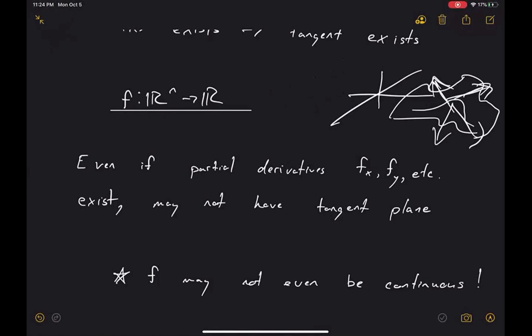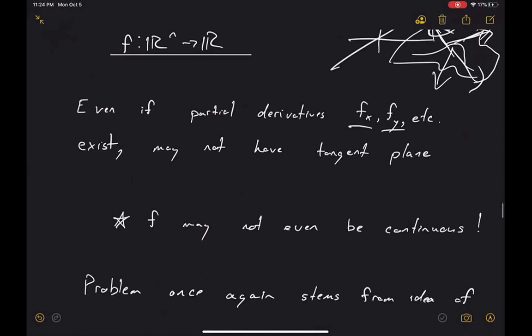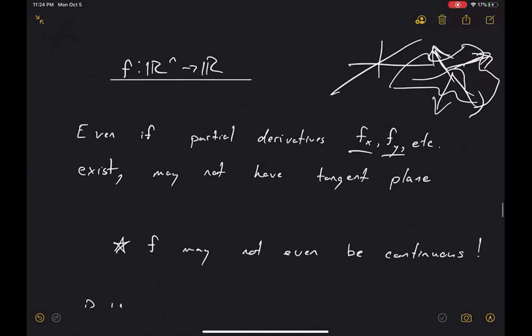So even if these partial derivatives f sub x and f sub y exist, we might not have a single nice tangent plane. And in fact, we can have partial derivatives and our function f might not even be continuous, which sounds weird, right?